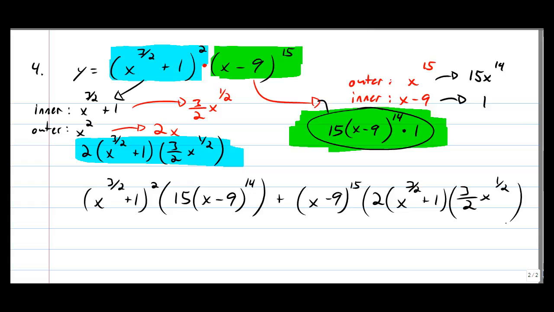Not that worried about simplifying it right now, so we'll just stop there. So there you go. There is y prime for number 4. Alright, so that is one page of the assessment.